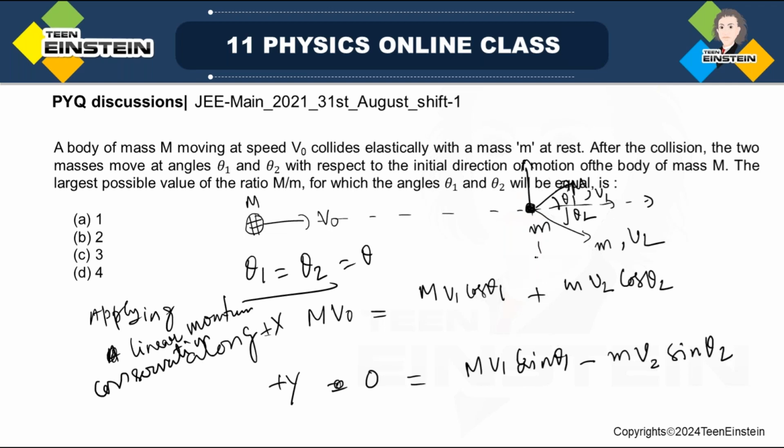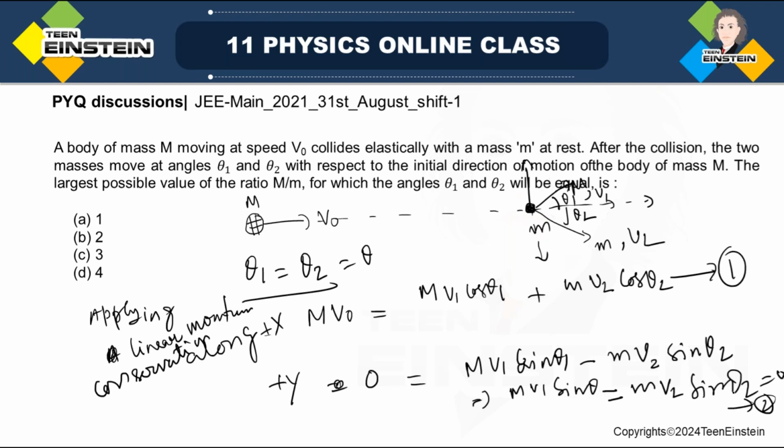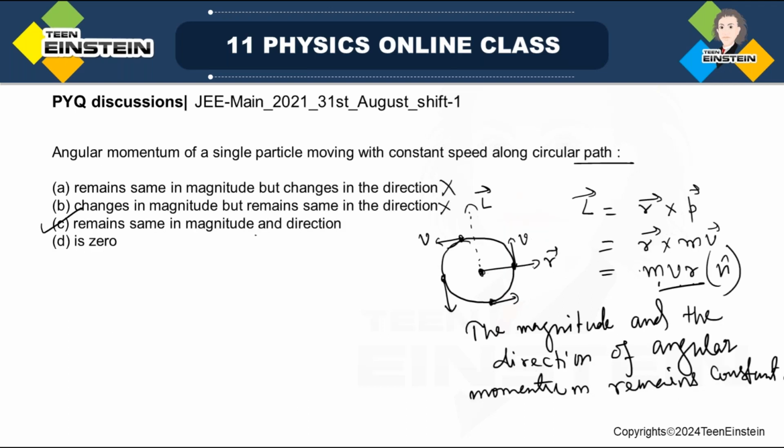One will be in this direction and the other in the upward direction, so they will cancel each other. From the figure itself you can see that. These are equal. Now from these two equations, 1 and 2, we have to solve for the M and m ratio.